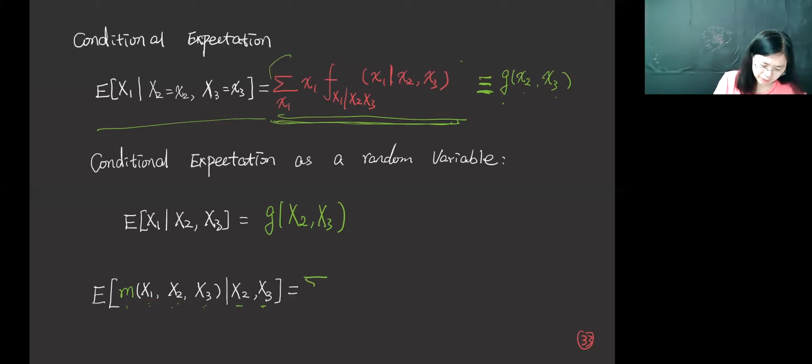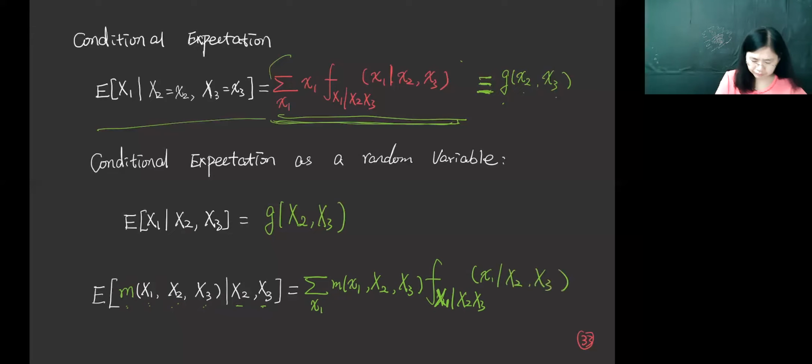So that should be an average over x1, m of little x1, capital X2, and capital X3 times the conditional distribution of X1 given X2, X3, little x1 given X2, X3.